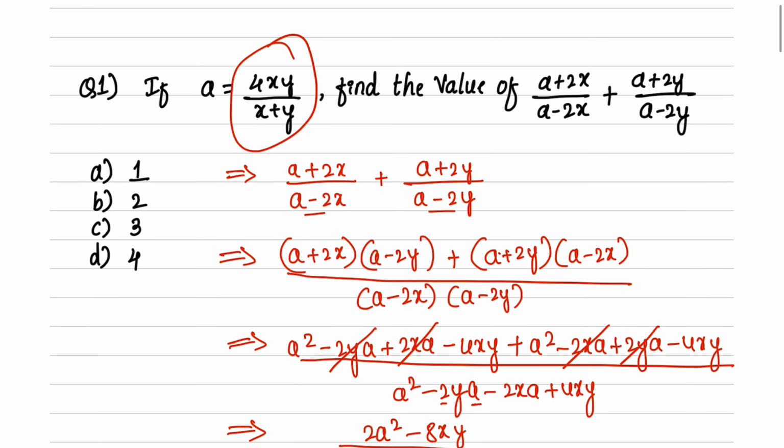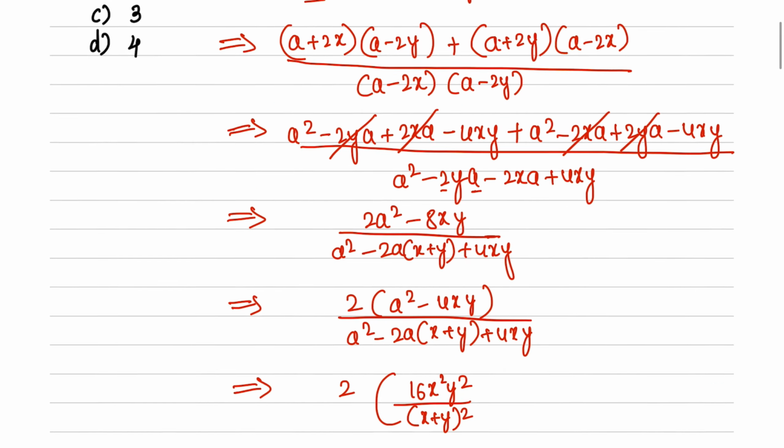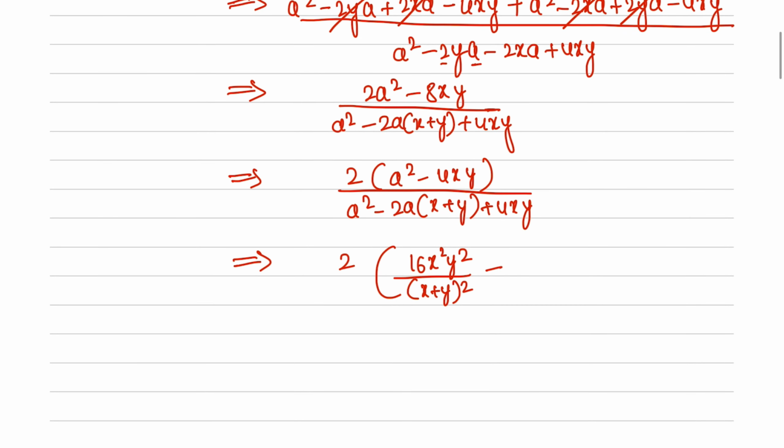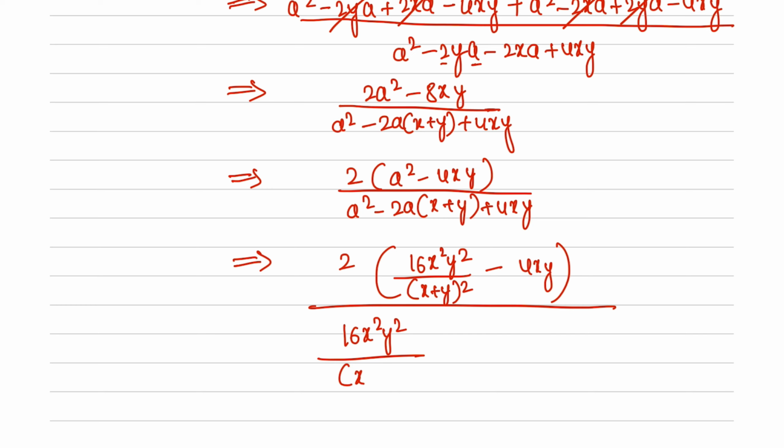See, I have done this square. So we will get this one minus 4xy by 16x square y square by x plus y whole square minus 2 into 4xy by x plus y into x plus y plus 4xy.